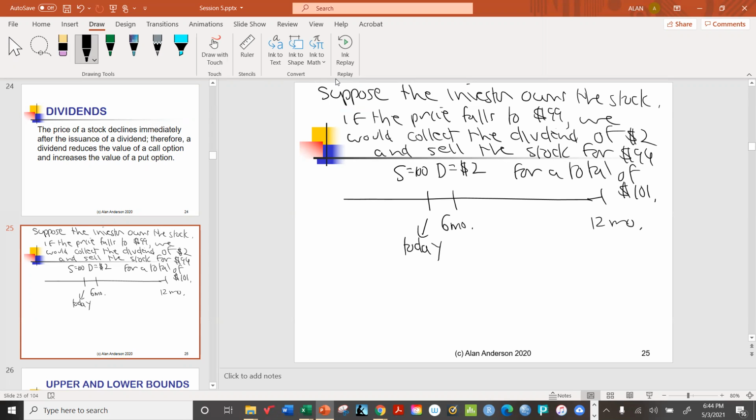The way it works is that if the price falls to 98, this would leave you with a profit of $1.